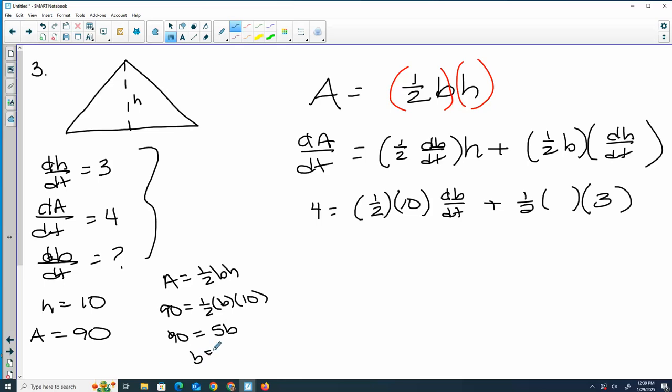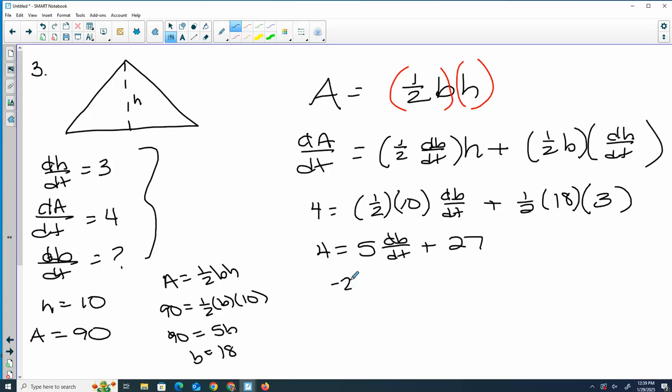So our b there is not 45, because I'm dividing by 5, not 2. So this is 18. So we have 4 equals 5 dB/dt plus 1/2 times 18 is 9, times 3 is 27.